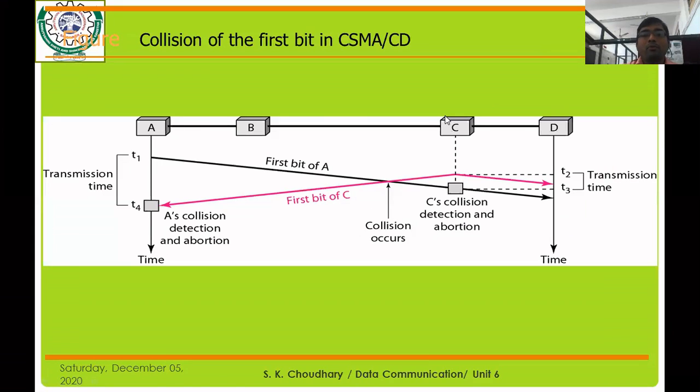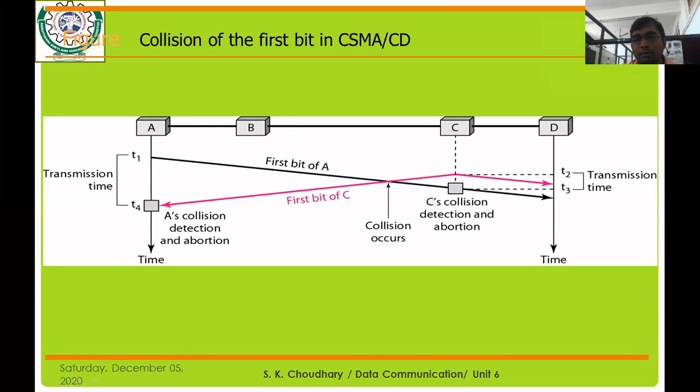Okay. Now you will find that this is the graph showing the collision of the first bit in CSMA CD. You can see that there are some stations A, B, C, and D, and at the time T1, the first bit of A has been transmitted.